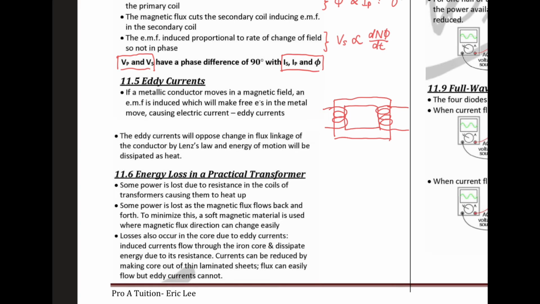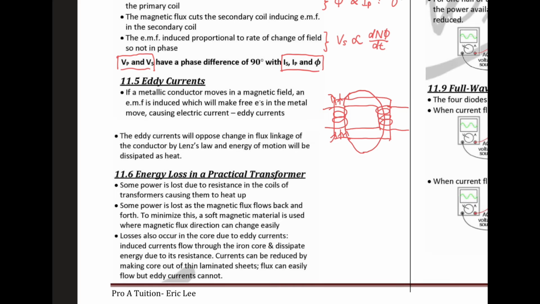Then just now what I mentioned is it produces magnetic field. Then the magnetic field cuts the secondary coil. So they cut the secondary coil and induce EMF in the secondary coil. Then they come back to the primary.